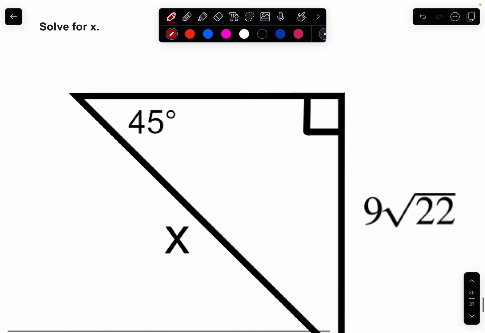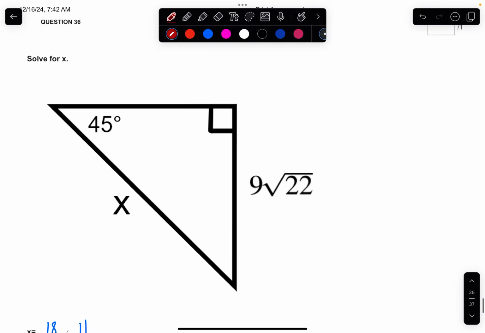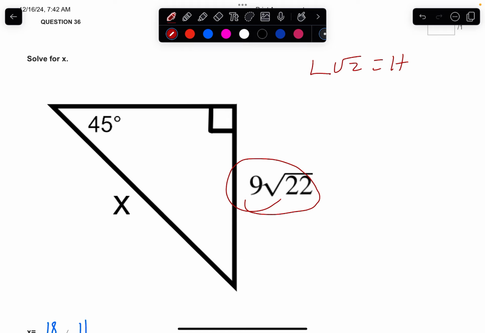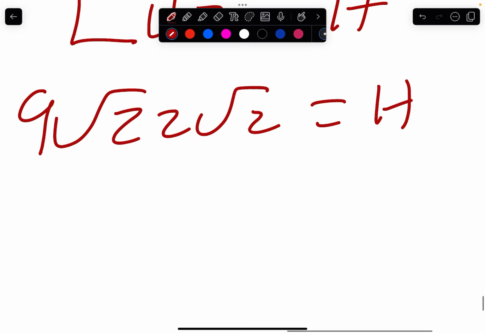Perfect. 45, 45, 90 rules. Remember that the leg times root 2. Oh, man. My L's. Leg times root 2 equals hypotenuse. This time we have the leg. So 9 root 22 times root 2 equals the hypotenuse. This is just the way I do it.